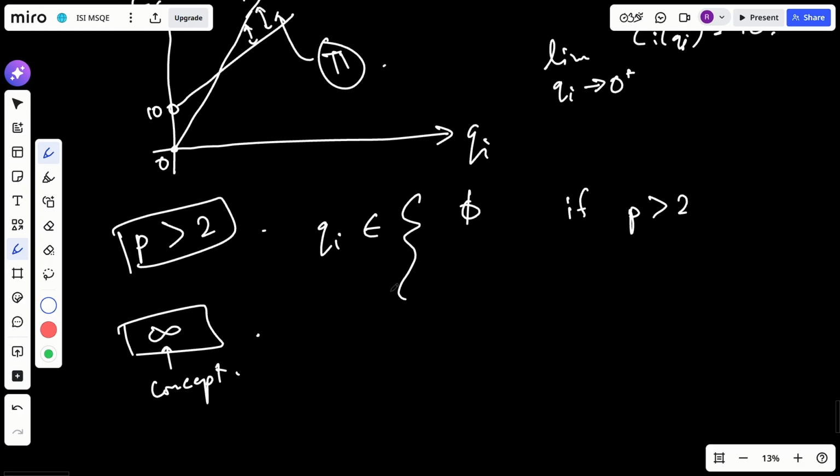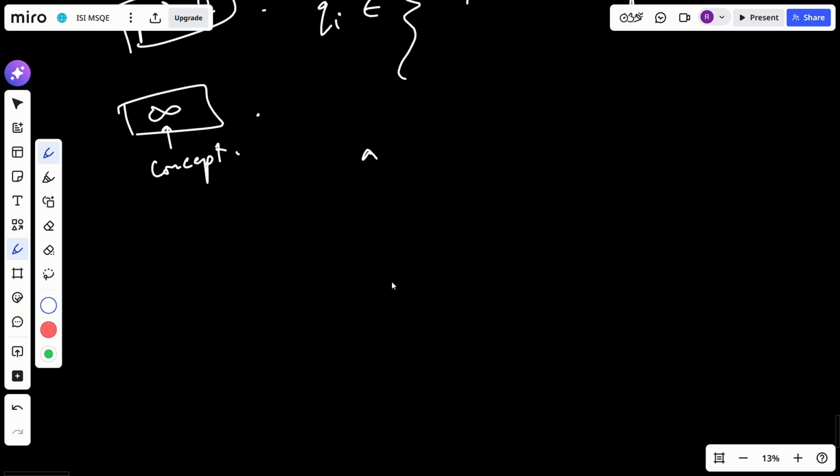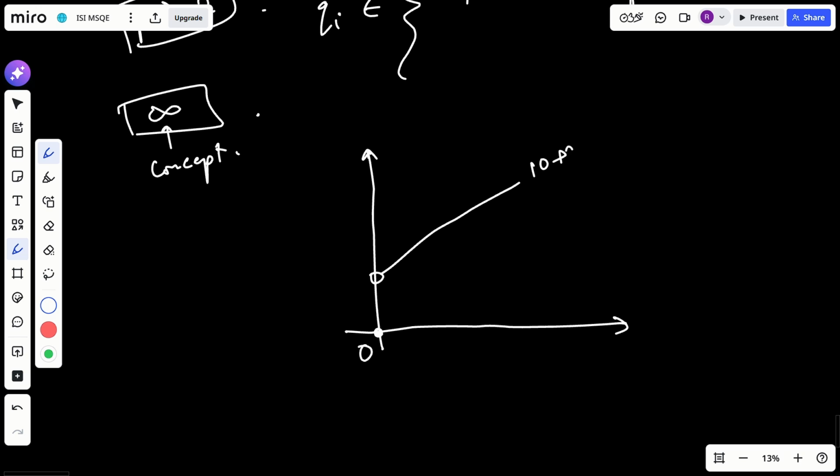And if P is equal to 2, this is your cost function. The slope of both the curves will be the same. If QI is equal to 0, then profit will be 0, because revenue is also 0 and cost is also 0.